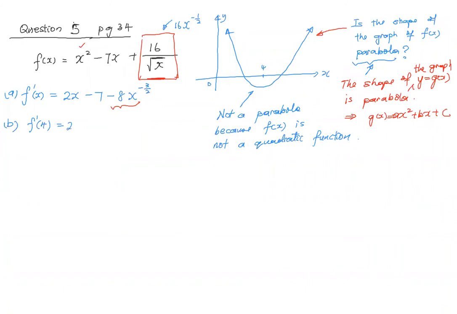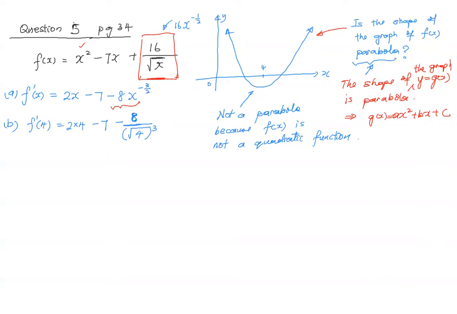2 times 4 minus 7 minus 8 times 4 to the power of negative 3 over 2. Should I do it like that? So everyone knows why it is like that? The negative power, you bring it down.